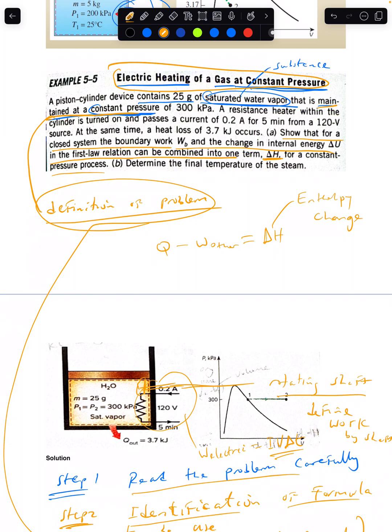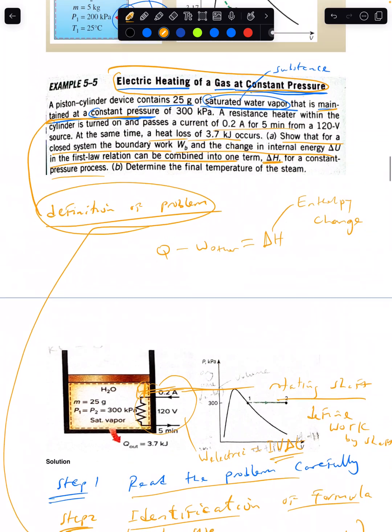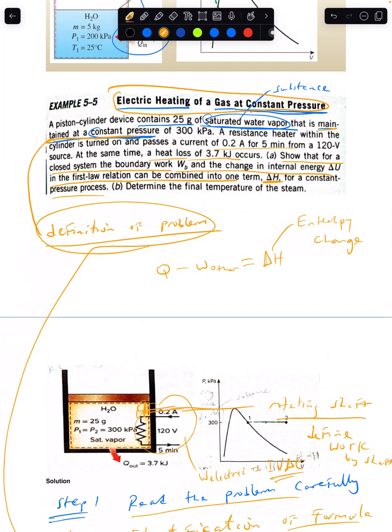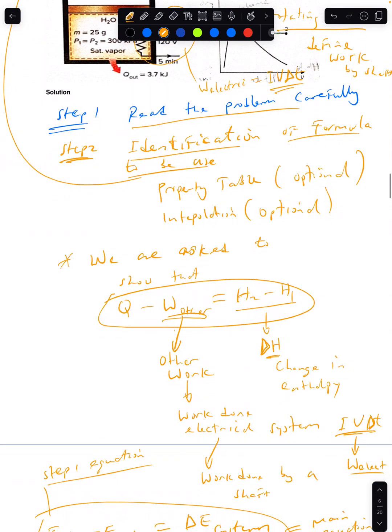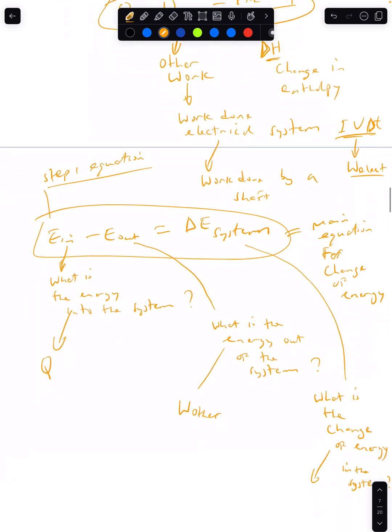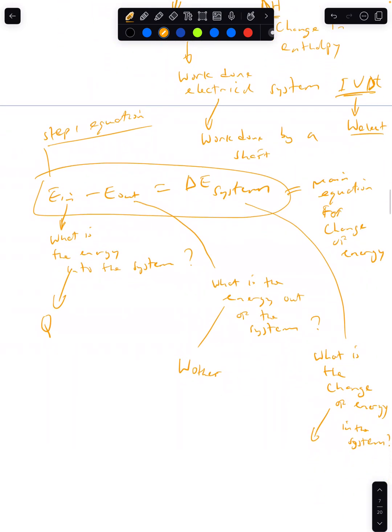we can see that the resistance with the cylinder turn on when a current is passing through the system at a given time for a 12 voltage, and there is a heat loss, which is why I put that Q. So we can see that the problem is maintained at a constant pressure.